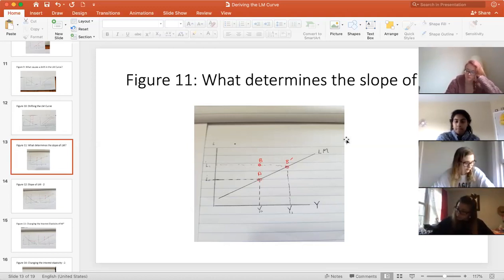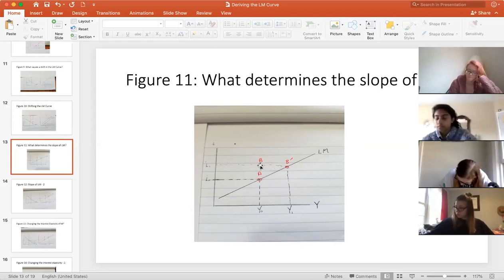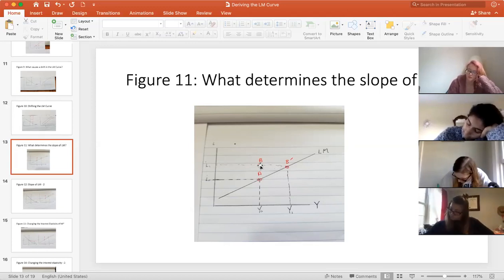So what this comes down to is the slope of the LM curve depends on two elasticities. The first one is the interest elasticity of money demand. When we raise the interest rate by a certain amount, how much does money demand fall? That's the interest elasticity of money demand.